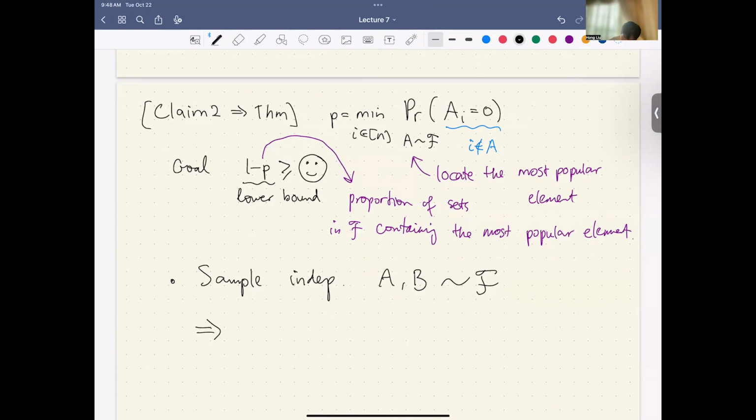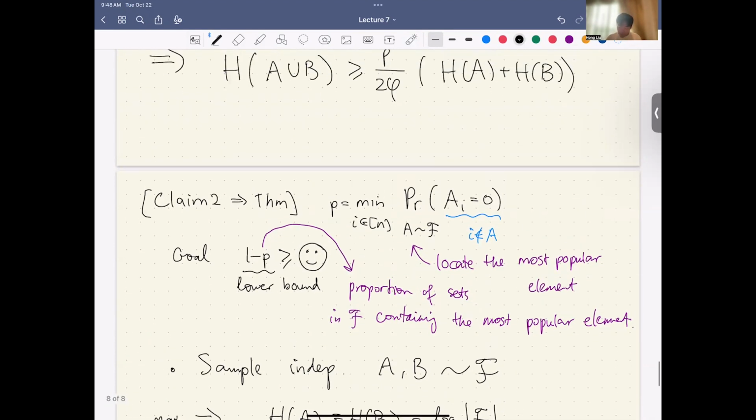By maximality, the entropy of A and the entropy of B, these have the same distribution, is log of |F|, the size of their range.